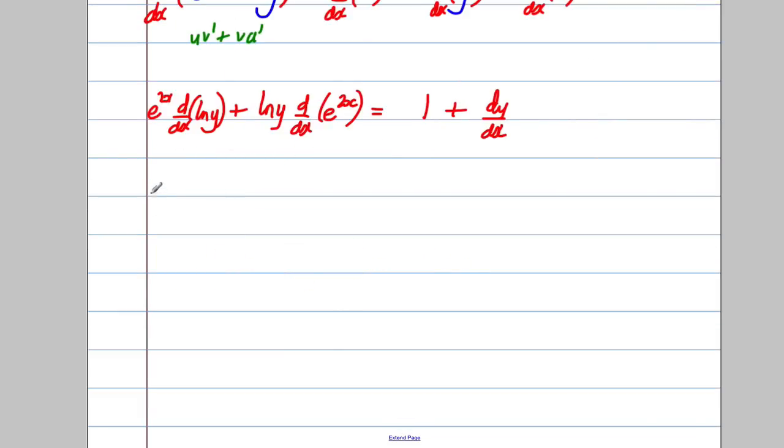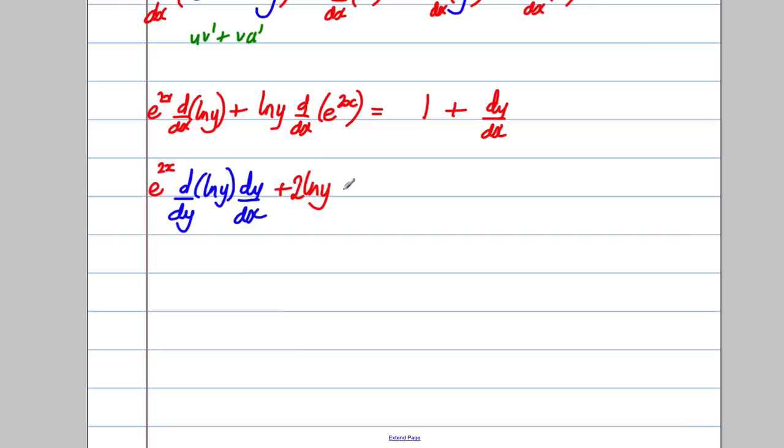Okay, so let's actually go ahead and just do these differentials. Now, this one's still going to be e to the 2x. Now, instead of differentiating this natural logarithm of y with respect to x, I'm going to differentiate with respect to y, and I'm going to multiply afterwards by dy by dx as a sort of a fix. And this one here is going to be plus ln y, and the differential of this is 2e to the 2x.